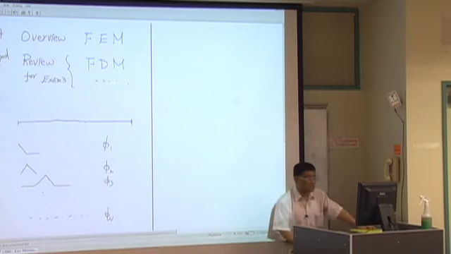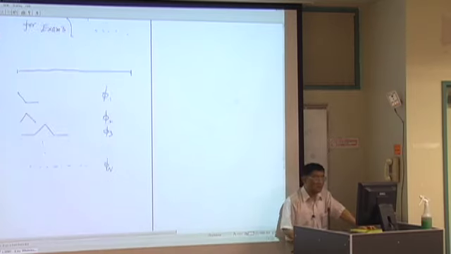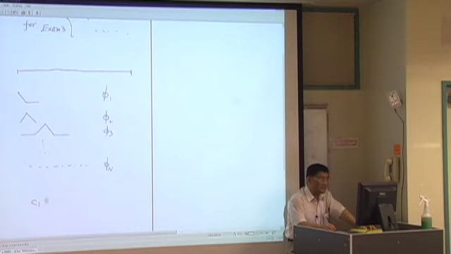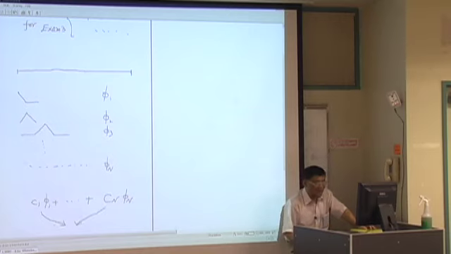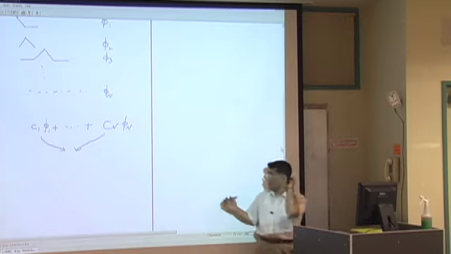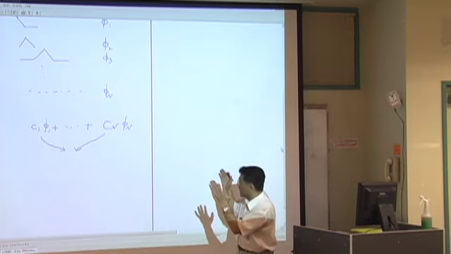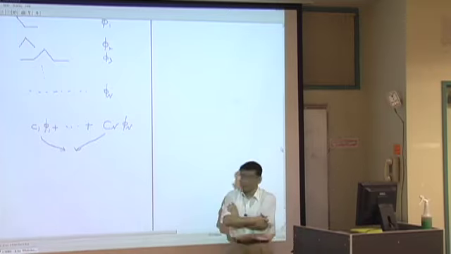Because the basis function is determined, the only thing remaining is the determination of coefficients, C1 times phi1, and then Cn times phi(n) is the solution to the differential equation. And from the differential equation, we obtain these C values using the Galerkin method. In other words, we reduce the value to the minimum.